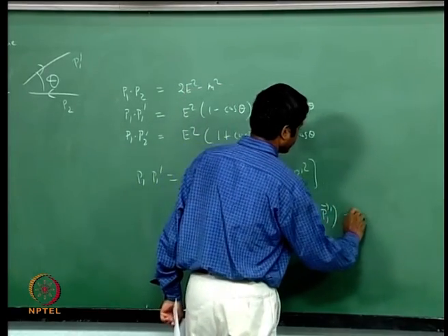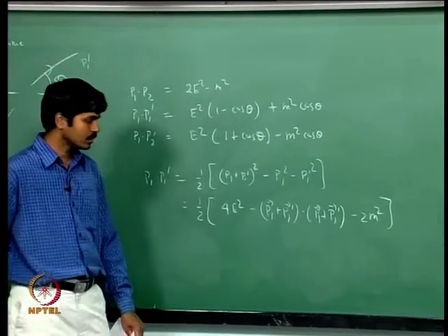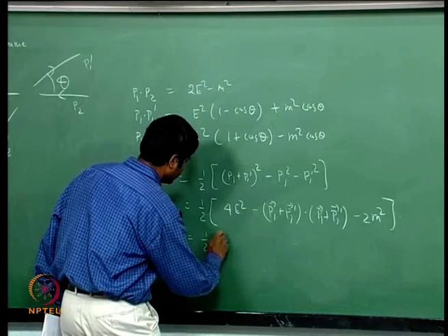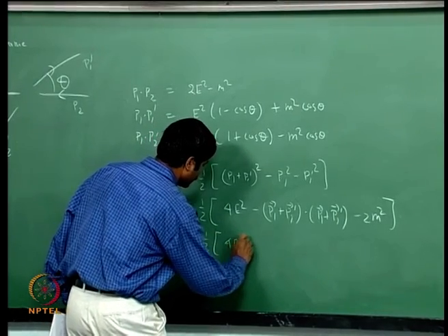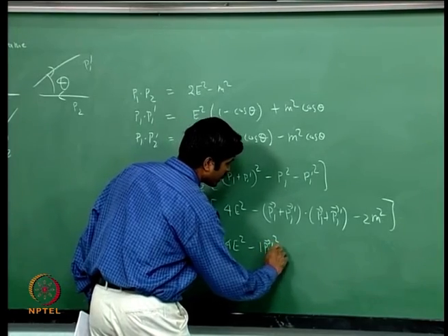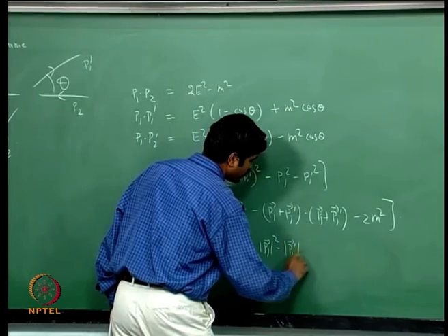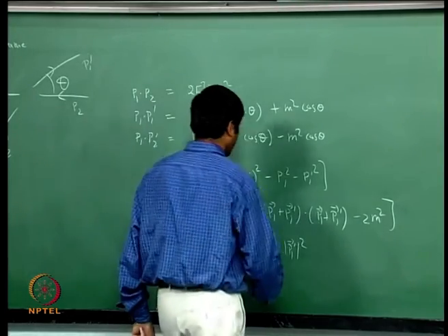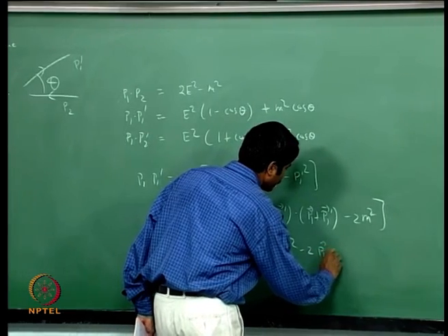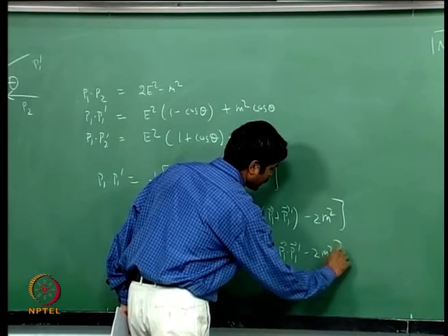This is minus twice m square. And what do you get from here? Half of 4 E square minus mod P1 square minus mod P1 prime square minus twice P1 dot P1 prime, minus twice m square.